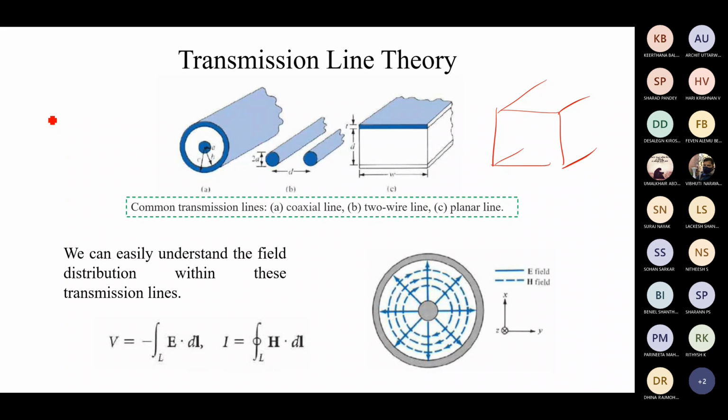Can you tell the approximate value of frequency? No idea. Okay, so to your home, what frequency signal is coming? Electrical signal is coming. Do you know that? 50 to 60 hertz. Great. Yes, only 50 to 60 hertz is coming.